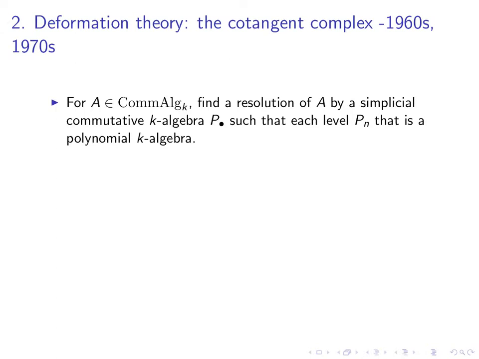Okay, so then the second topic where derived algebraic geometry plays some role is something from the 60s and 70s called the cotangent complex. And what is that? Well, for a K-algebra A, we can find a resolution of A by simplicial commutative K-algebras P such that at each level, P_n, it's a polynomial K-algebra.